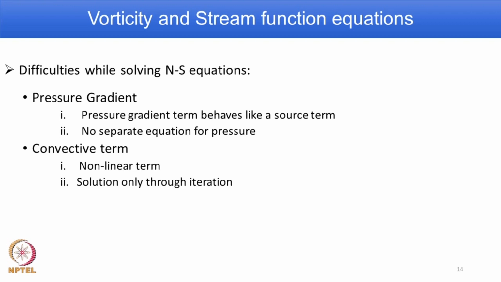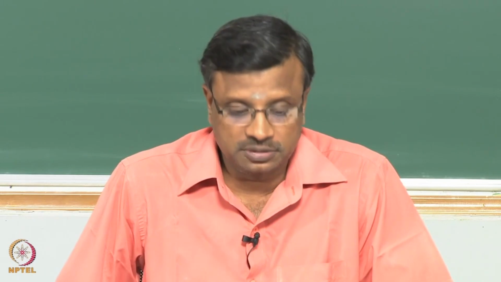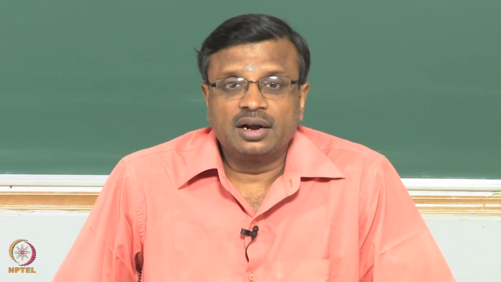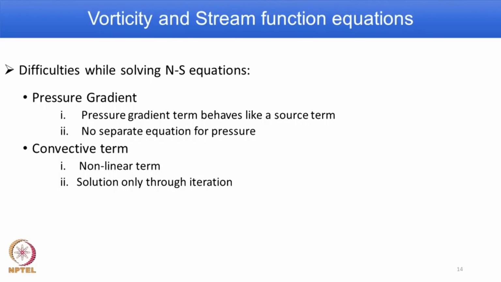Then ∂u/∂x, the first term in the x momentum equation, the convective acceleration: the function u multiplying its own derivative ∂u/∂x is nonlinear in nature. Hence, treating this nonlinear term is again very tricky, and you may have to do many iterations to get a solution.